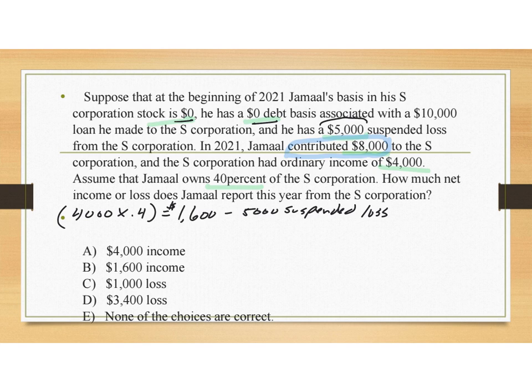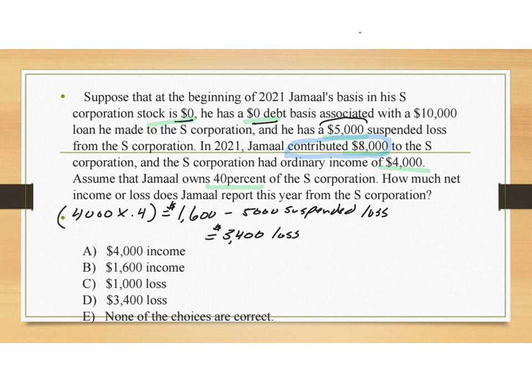So what that gives him then is a $3,400 loss, okay?